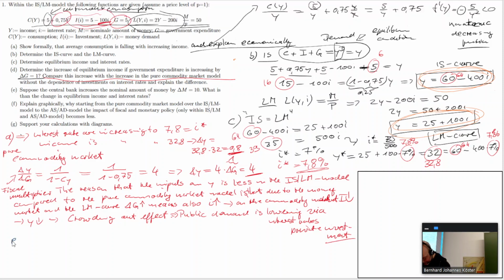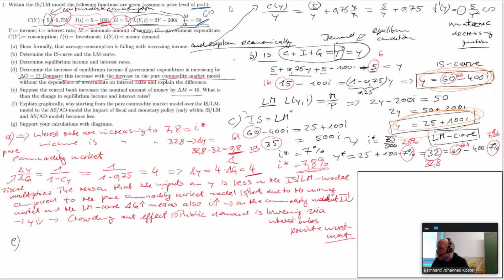Part E. So the central bank increases the nominal amount of money by delta M equals 10. Well, we have also that the price level should be fixed at 1. So what we then know is that real money supply is increased by 10 from 50 to 60.